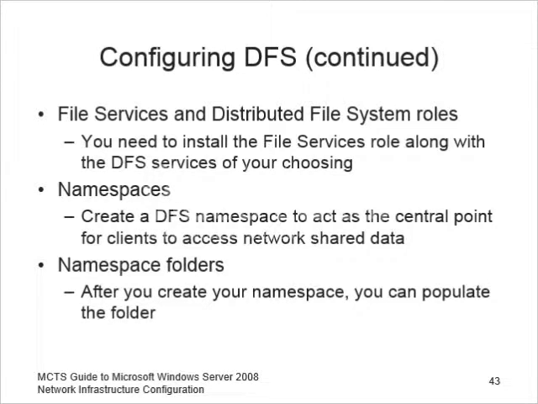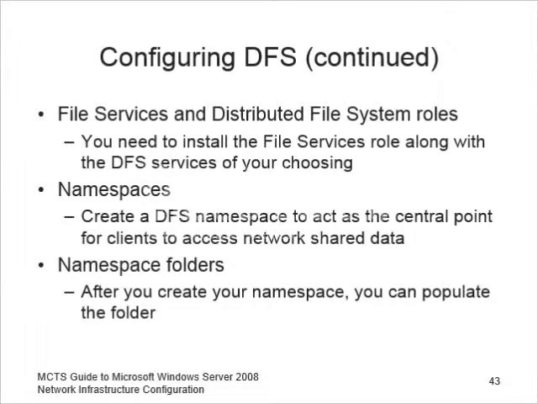Once you have created a namespace, you can begin to build its virtual directory structure by adding folders. You can add two types of folders to a namespace, those with targets and those without. A folder with a target is one that points to one or more shared folders on the same or another server.